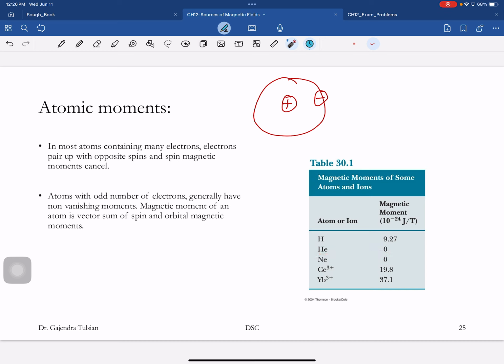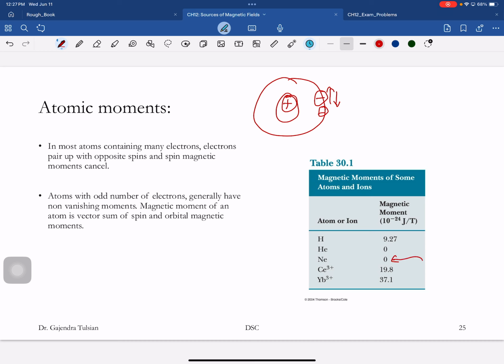What about helium? 2 electrons cancel each other out. Very good. When that spin is pointing up, the spin of the other one is pointing down. Same thing for neon.